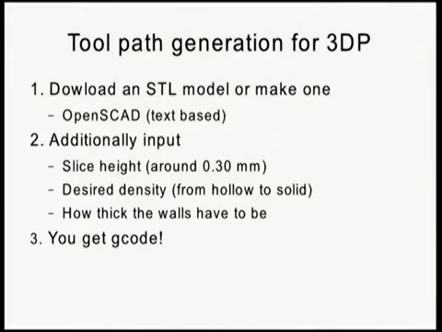Also, you need to decide how thick you want your slices to be in your model, and if you want to create hollow and light objects or dense and solid ones. You can also specify how thick you want the walls to be, and once you get those 3 decisions, you're all set and you can get your own G-code.